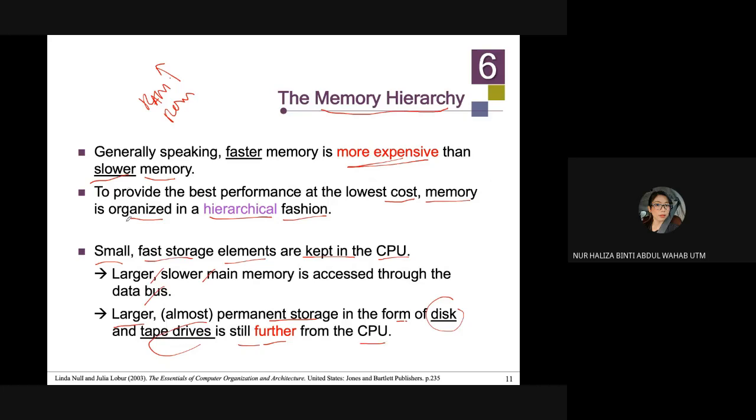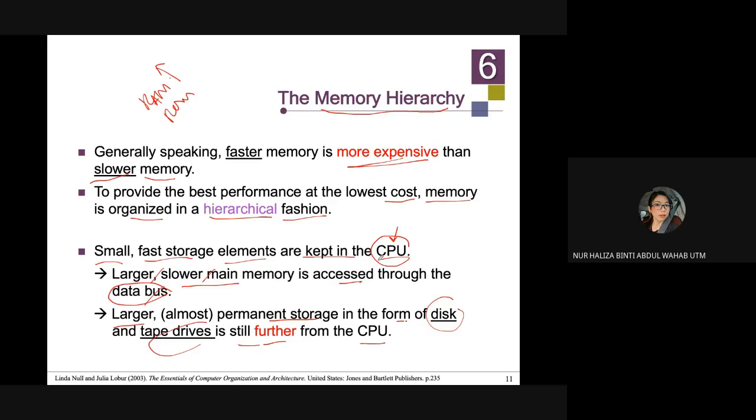So this one, fast storage, which is your memory storage, and its elements are kept in your CPU, if you compare it with the slowest one. Larger and slower memory is accessed through your data bus. It is not going to be directly inside your CPU.